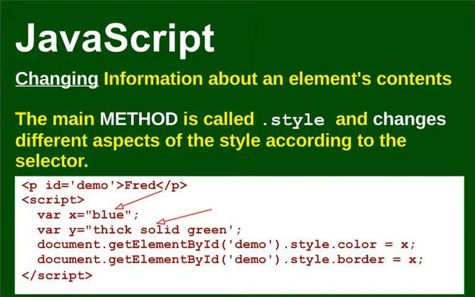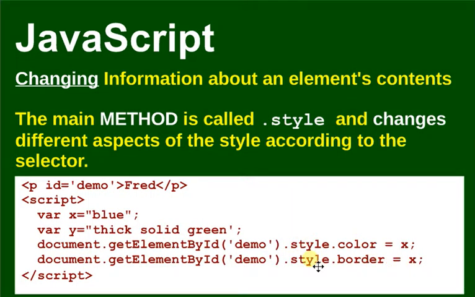So I want to now change the color of demo, and I want to change it to X, so it should go blue. I've made a mistake here, this should be Y here, shouldn't it? So if I change that, that should be Y. Okay, so document.getElementById dot style dot border will be Y, and then that should make the border thick solid green. So it'll make it a solid green border, and the color of the font will be blue. So it's as it is there, but we're adding some dynamic properties to this web page.